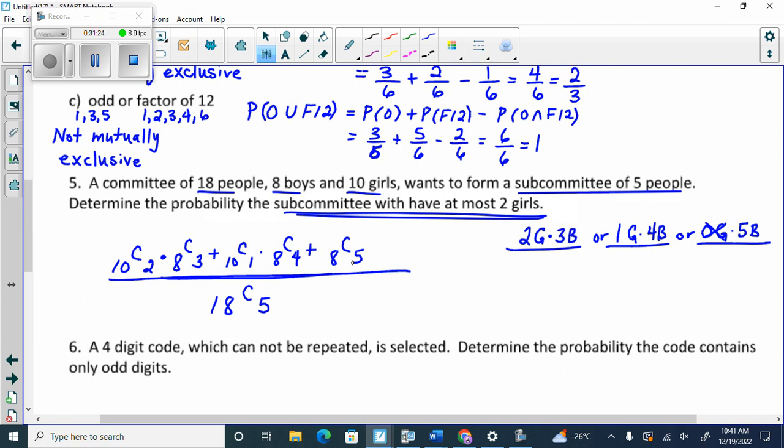So when people type these ones in, they'll often type in the top divided by the bottom, but often they'll just type them in separate. So 10C2 times 8C3, 10C2, arrow up, times 8C3 plus 10C1 times 8C4. And you know what?